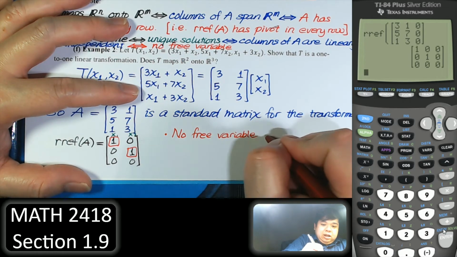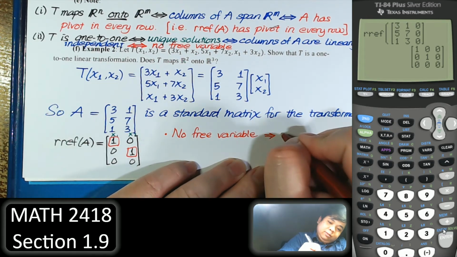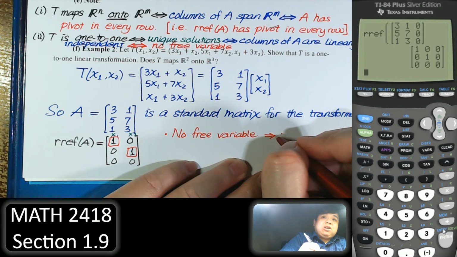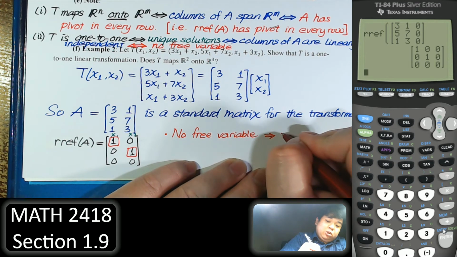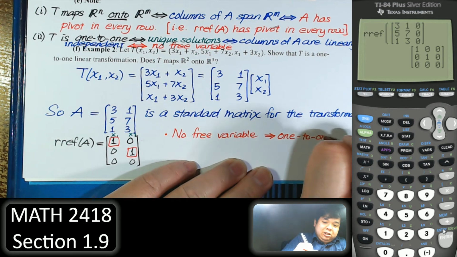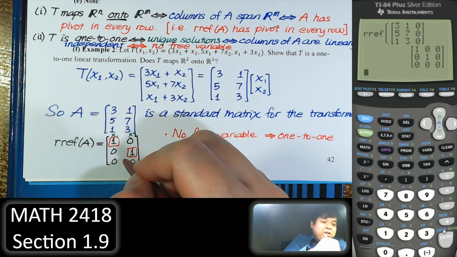That means there is a unique solution. Or not, it doesn't matter, but just so that it's going to be 1 to 1. Because depending on the last one, there could be no solution.